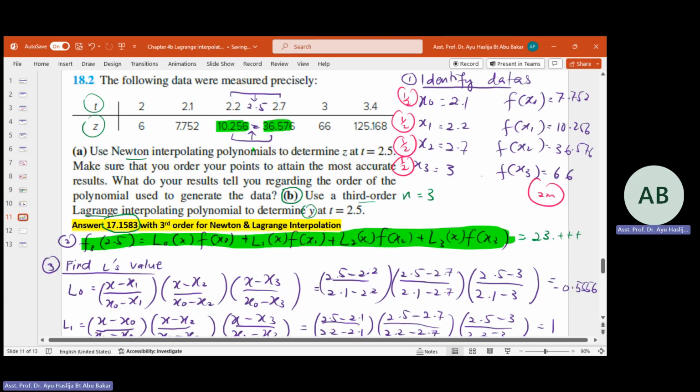The L value contributes 1 mark. Then L2, 1 mark, L3, 1 mark. Okay, how many already? 2, 4, 5, 6, 7, 8.